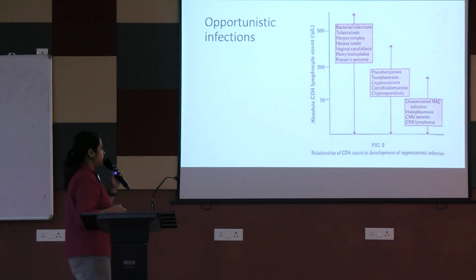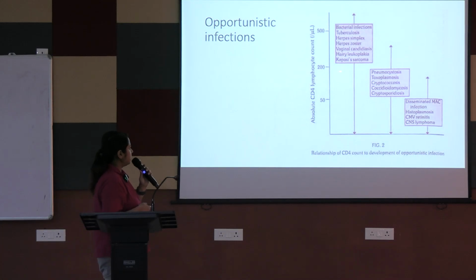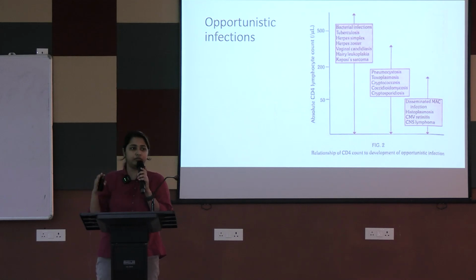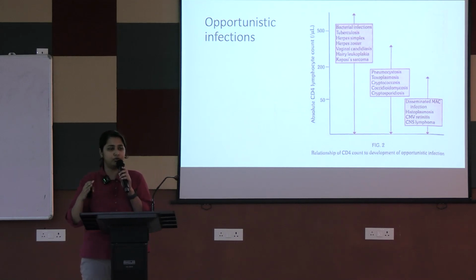If the CD4 lymphocyte count is around 200 or below, there can be pneumocystosis, toxoplasmosis, cryptococcosis, coccidioidomycosis and cryptosporidiosis. And if it is very low, then disseminated MAC infection, histoplasmosis, CMV retinitis, CNS lymphoma. According to the severity of the AIDS disease or the CD4 count, these opportunistic infections can take place.